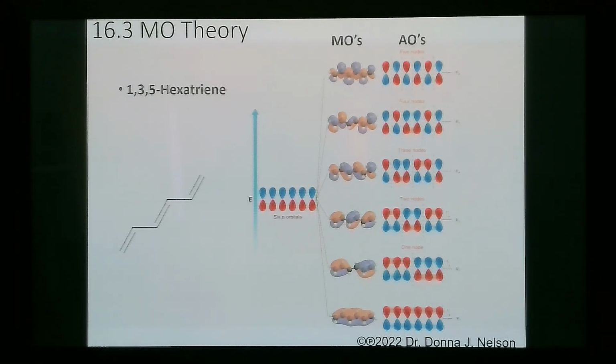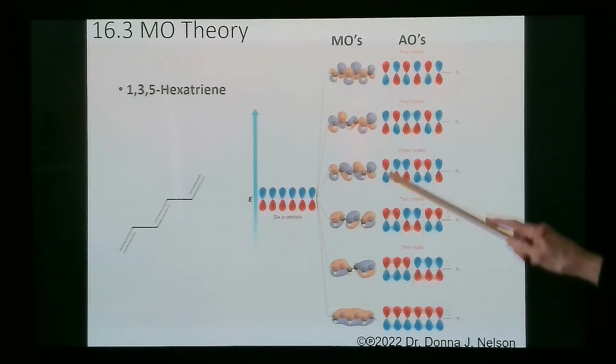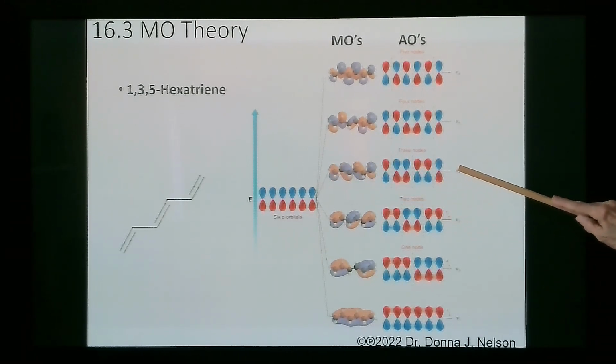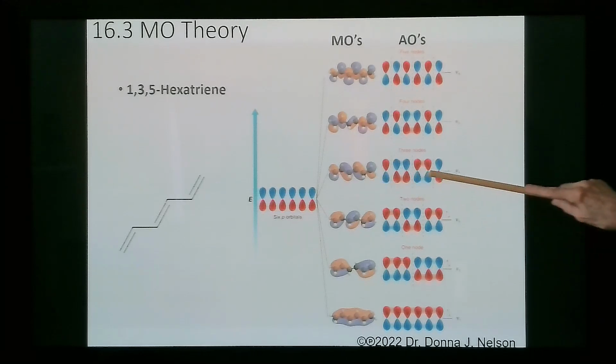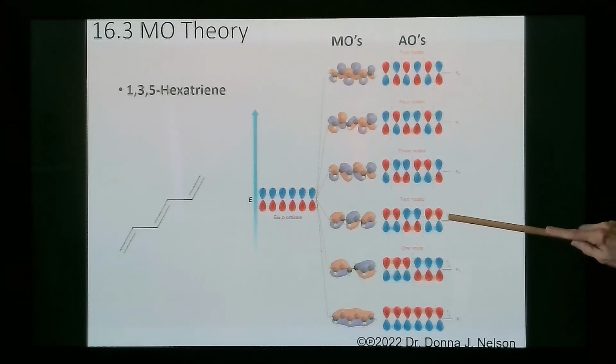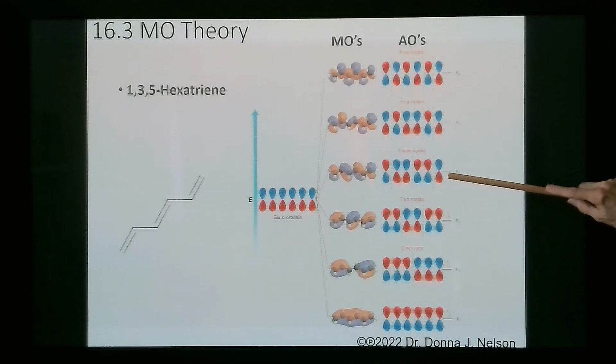However, in orbital controlled reactions, the very lowest energy unoccupied orbital, here that would be this one, the one just above the highest energy molecular orbital that is occupied, can be important.